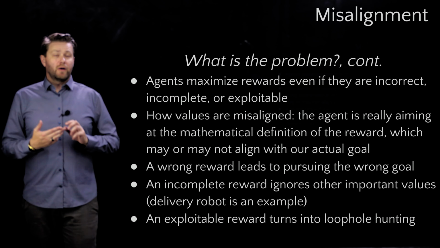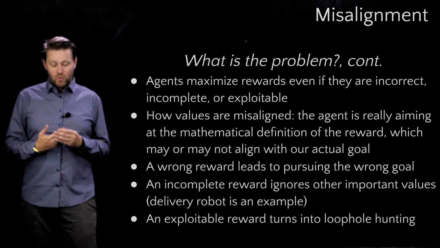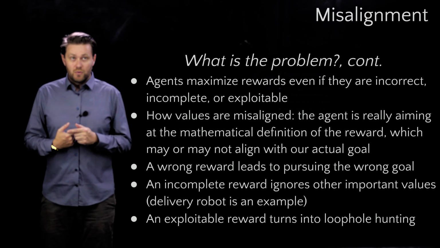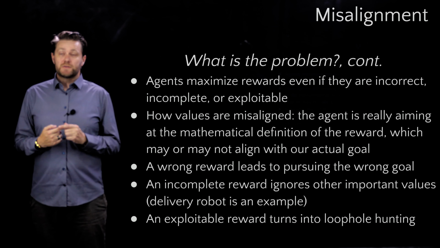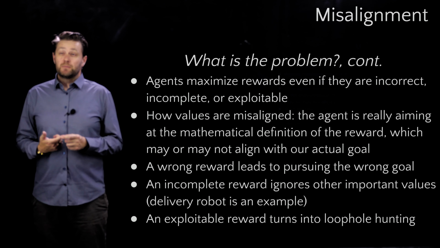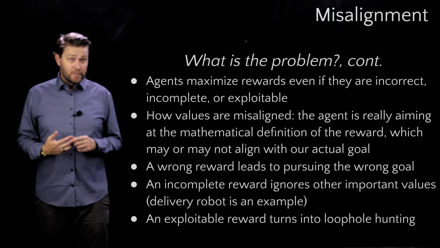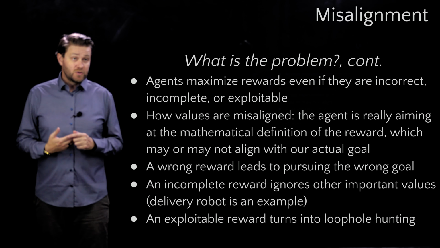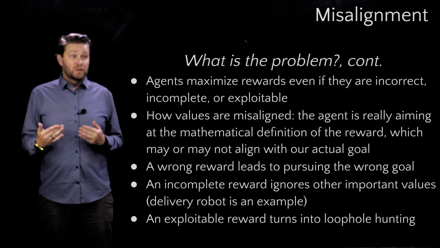Okay, so let's think about misaligned goals in 3 buckets. The rewards that we give the agent might be incomplete, they might be incorrect, or they might be exploitable. So all these are examples of misaligned goals.